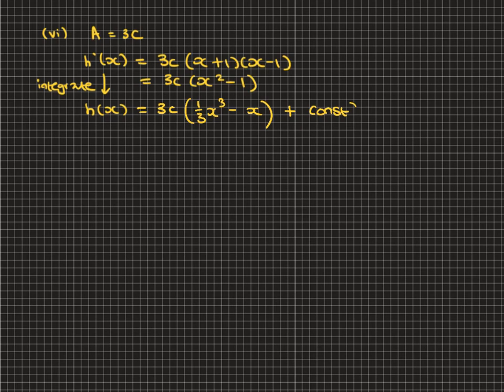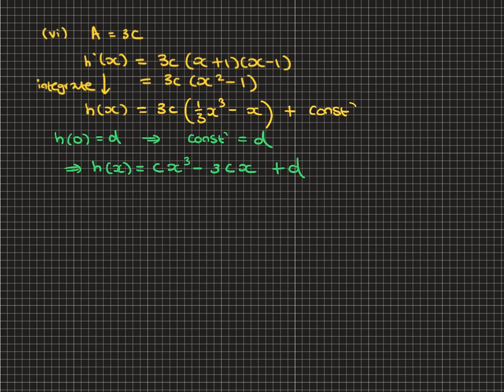But we do know that h of 0 is equal to d, so that tells you that the constant must equal d, and this then gives us h of x is equal to c x cubed minus 3c x plus d. And that's our question complete, as we found h of x in terms of c, d and x.